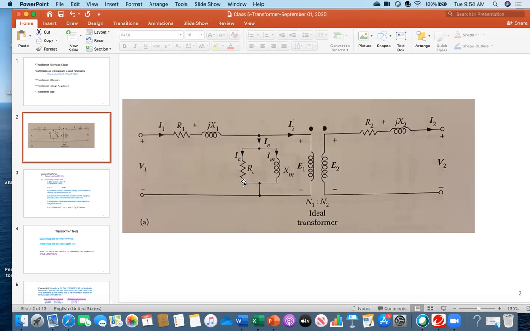One component is IC, other component is IM, and I have placed them in parallel. So IC represents the core loss component, and IM is the magnetizing current. This current is actually magnetizing that material, and this portion is going just as a loss.